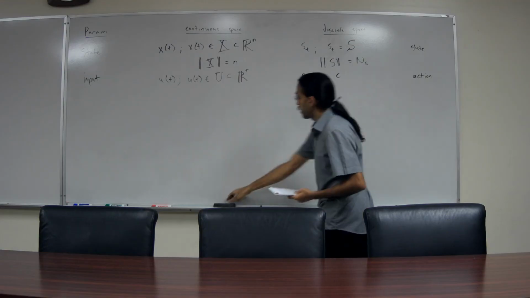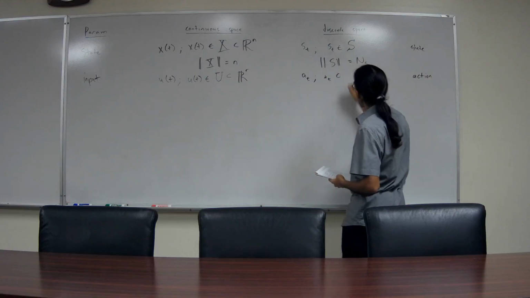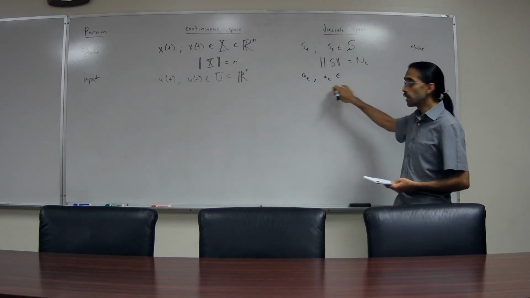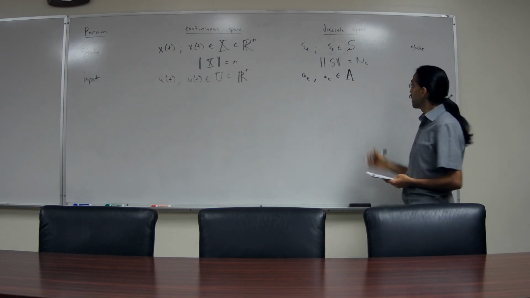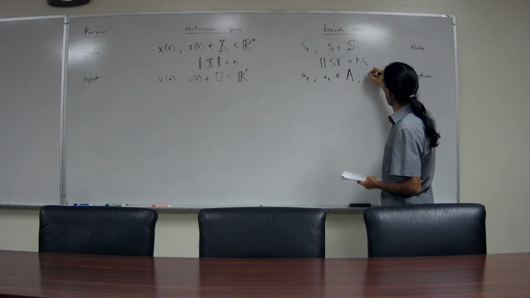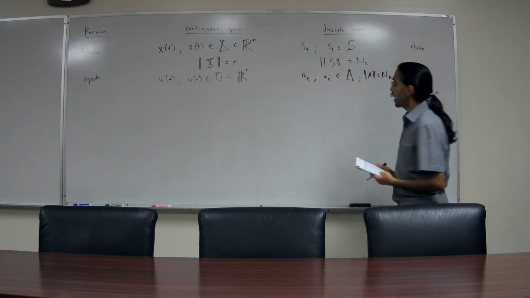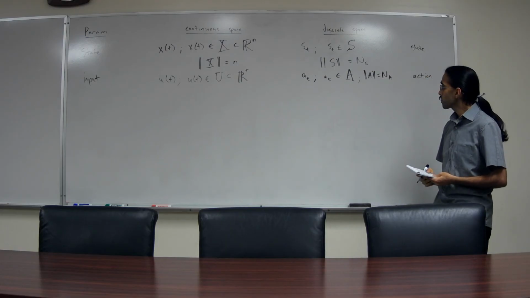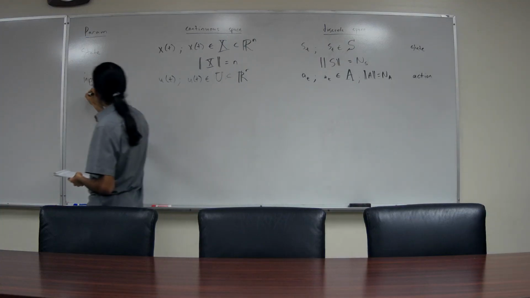Sorry, it should not be an equal sign, this is an element of. Our actions similarly come from some action space. And of course, the size of the action space is just an n. And now we'll have our outputs.